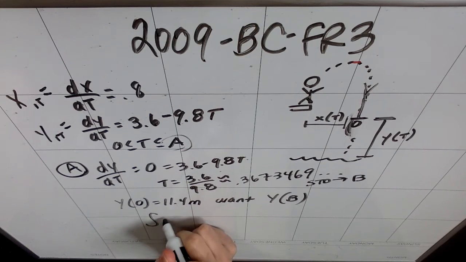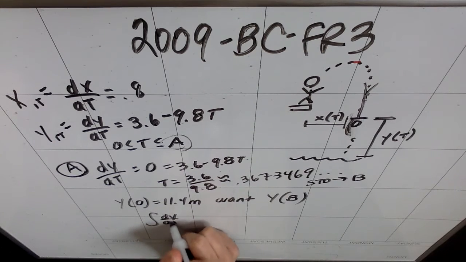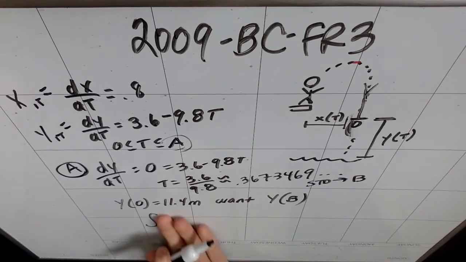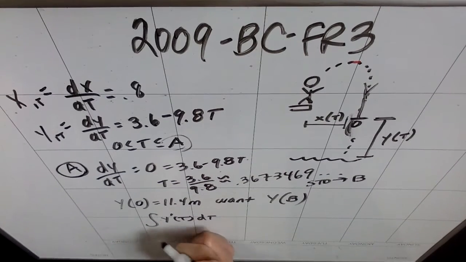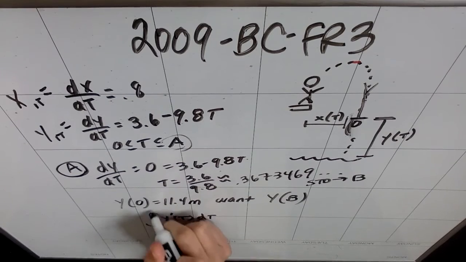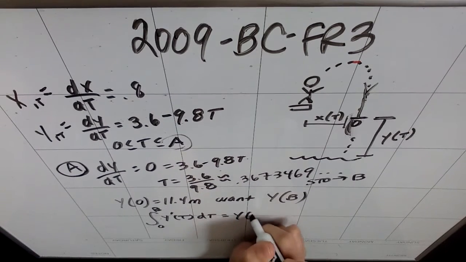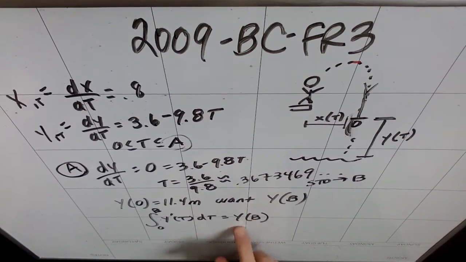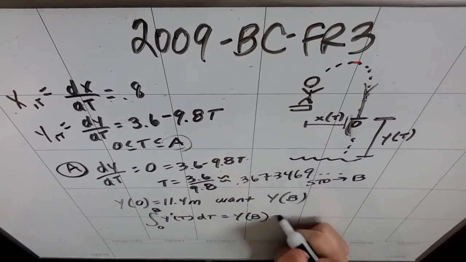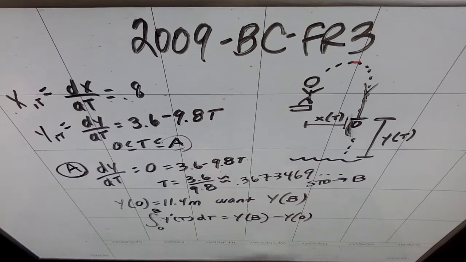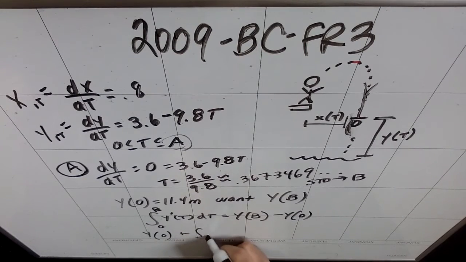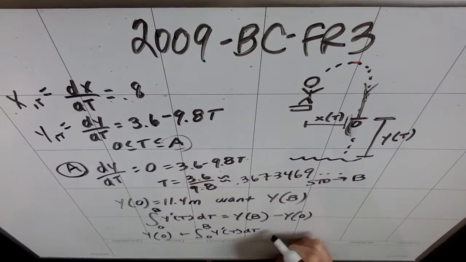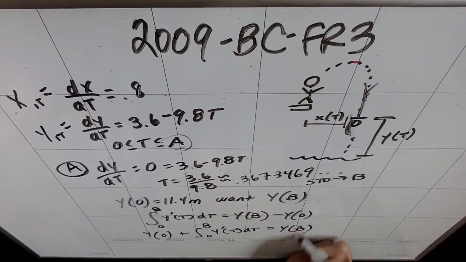If I integrate this dy dt, which is the same as y prime of t, with respect to t, from 0 to b, I'm going to get y of b, which is the answer I want, the maximum vertical height of her shoulders, minus y of 0, which is that 11.4. So essentially what I'm going to do is y of 0 plus the integral I'm going to make my calculator do from 0 to b, and that should give me my maximum height, right?